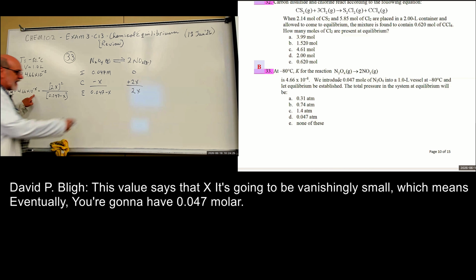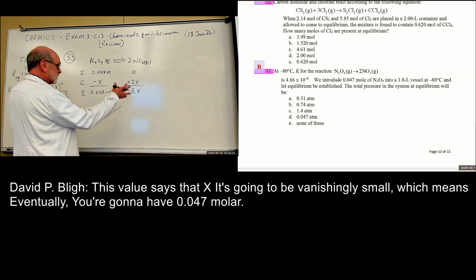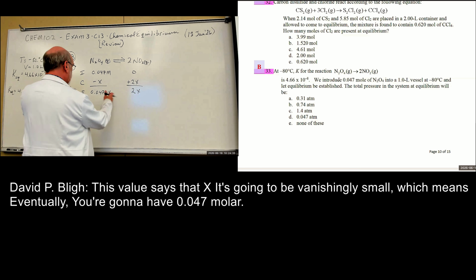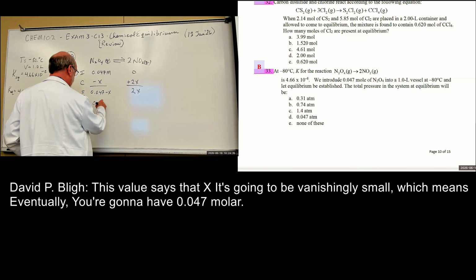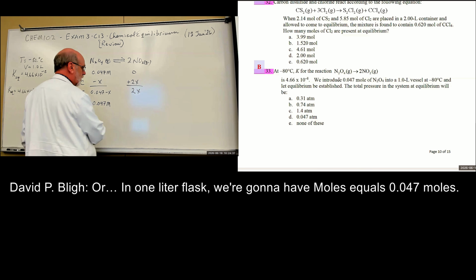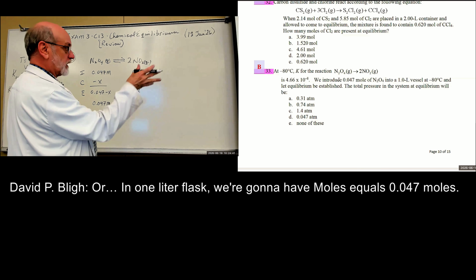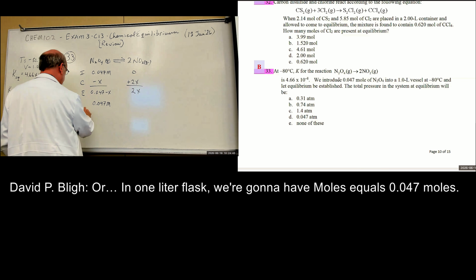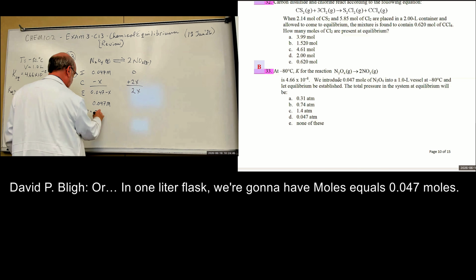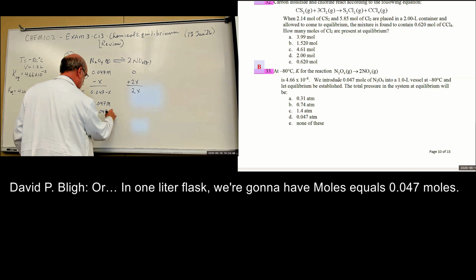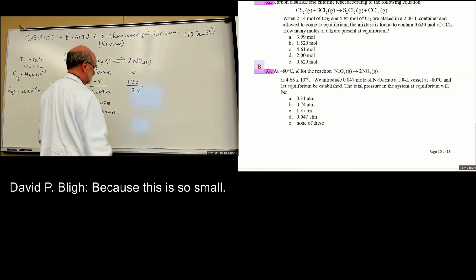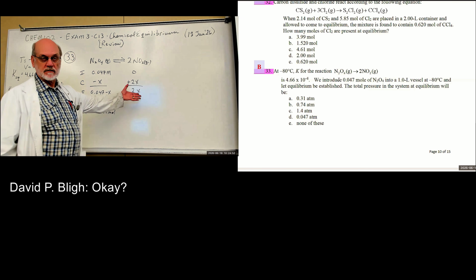This value says that x is vanishingly small, which means eventually you're going to have 0.047 molar, or in a 1 liter flask, 0.047 moles of gas, because x is so small.